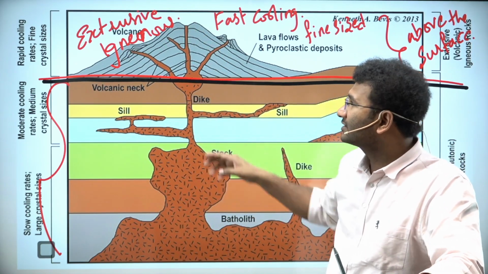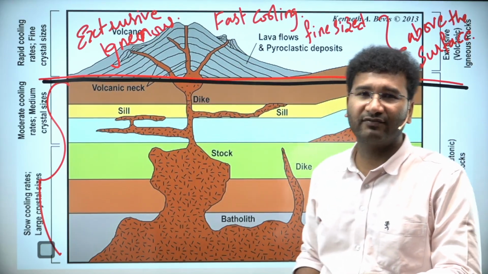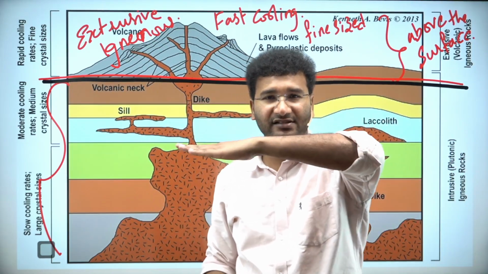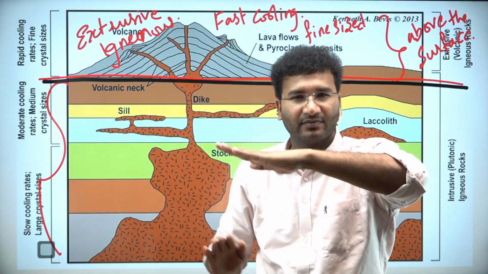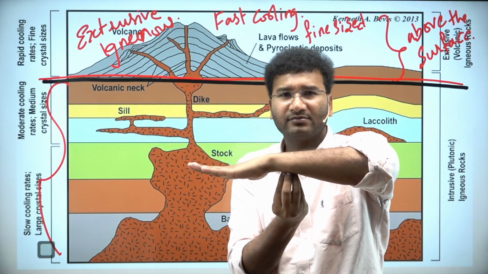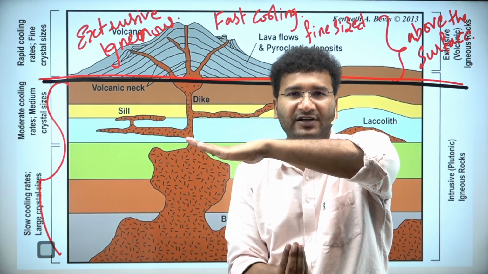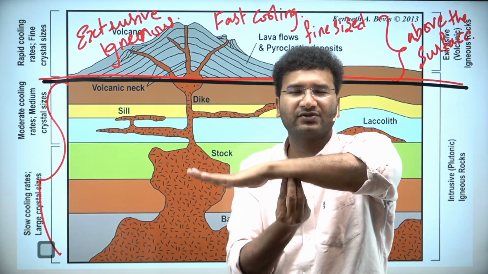Now, you can also ask me, sir, why do volcanoes always have cones? The volcanoes always have cones because imagine this is your surface. My hand is a surface. Now, from beneath, there is a volcano which is trying to come up. Will it come slowly? No, right? A volcano will also have gases. These gases will try to push the land on a continuous basis for years together.